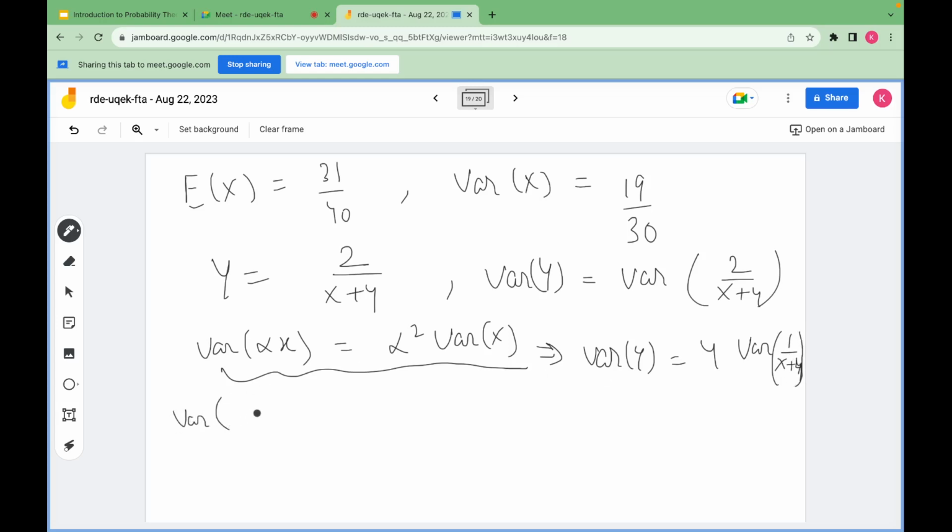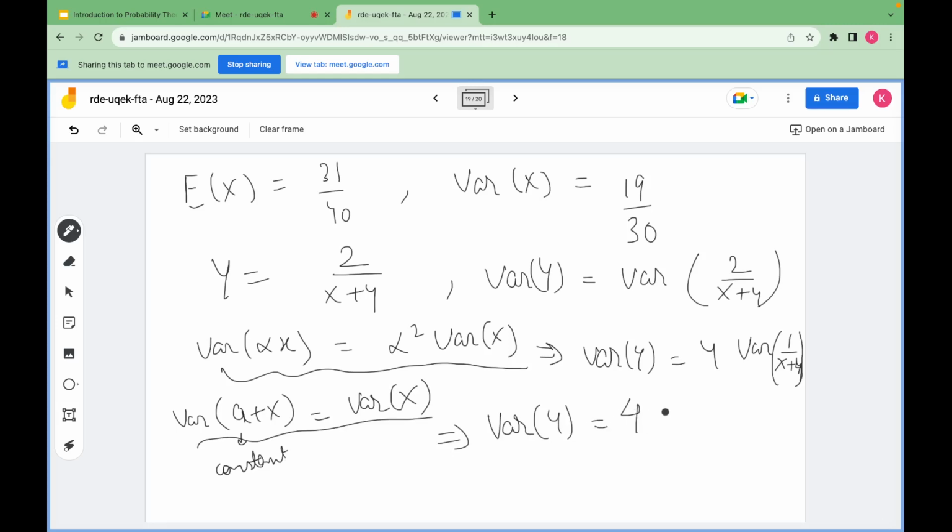And we also know that variance of a plus x, where a is a constant, will remain as variance of x. So using this property, variance of y is equal to 4 into variance of 1 by x.